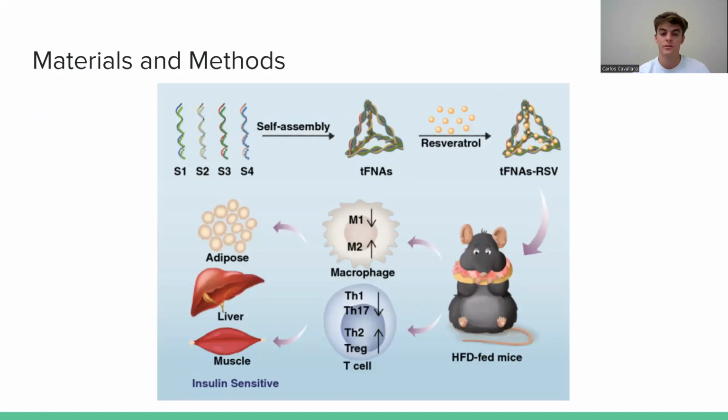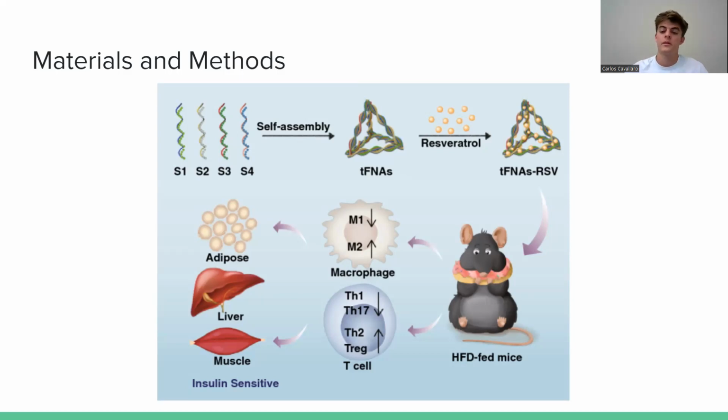They added these 4 strands into a HCl and MgCl2 buffer at an equivalent molar ratio, heated them up to 95 degrees Celsius for 10 minutes and cooled them to 4 degrees Celsius for 20 minutes. This heating and cooling process then created the tFNA material.